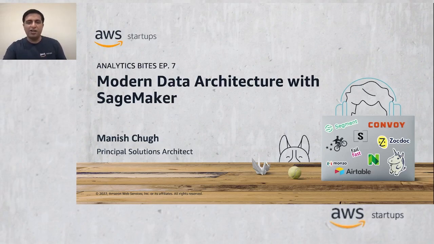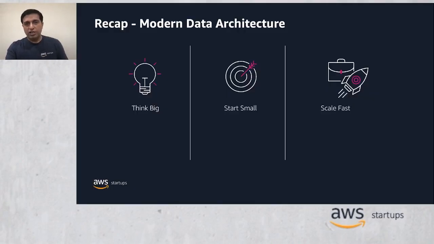So let's get started. Just to recap, modern data architecture allows startup customers to think big, start small, and scale fast. It helps modularize architecture, increases your agility, and helps scale quickly as your business grows. You can easily add new data sources, scale the workloads up and down, and add new analytics workload when the business demands.